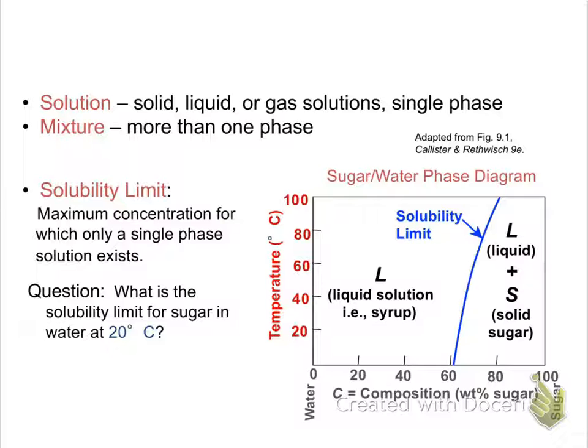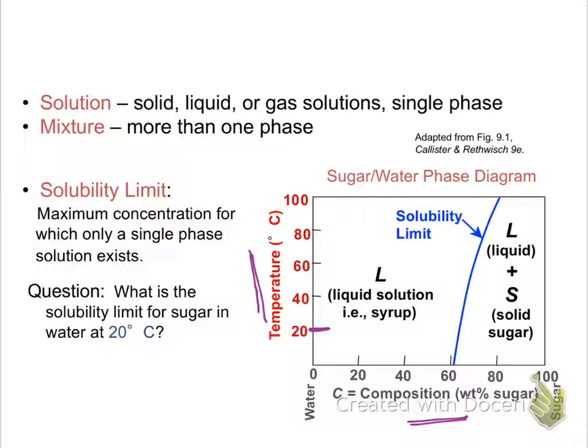All right, so the first thing we're going to do, I'm going to use purple. We'll look at our y-axis, which is temperature, and we have our composition percent on the x-axis. So we'll be able to look at both of these. We have a 20 degrees Celsius line.